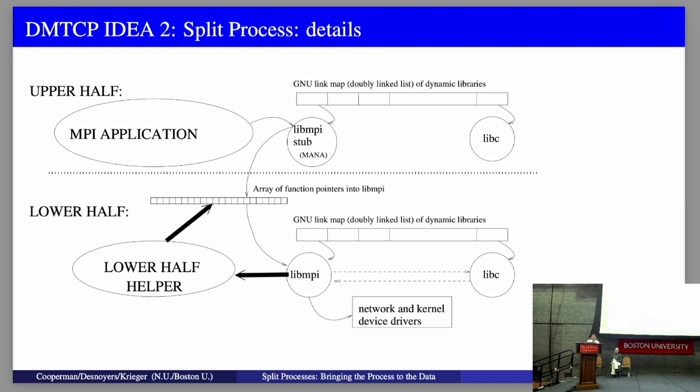So what's intriguing about this is the split process mechanism. It was developed for a specific checkpointing application for batch computing. It gives us this general mechanism to cut the strings that are binding the process to the local machine, and then reinitialize those after we've migrated it somewhere else.